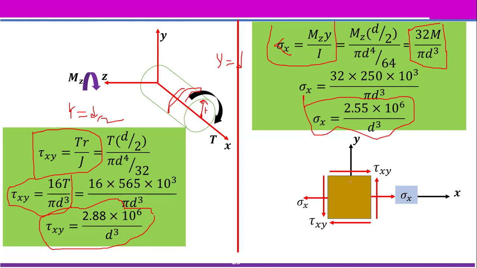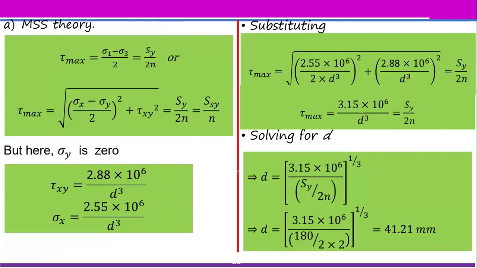This is the plane stress state where you have normal stress along x direction, and shear stress along xy direction. Now we are going to apply maximum shear stress theory to find out the diameter of the shaft. So as usual, maximum shear stress is expressed in terms of principal stresses or applied stresses.